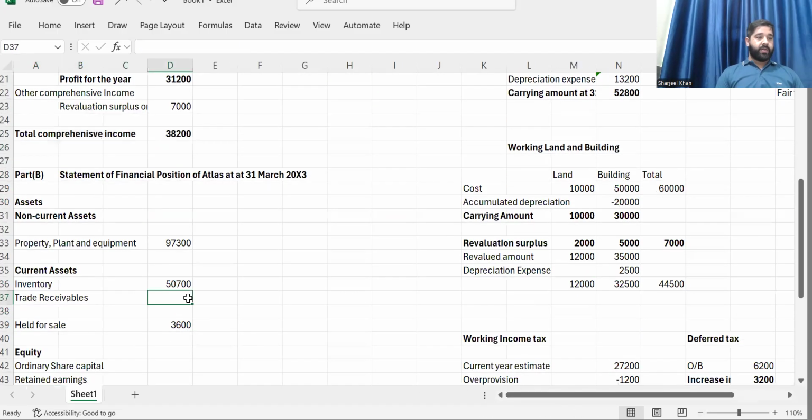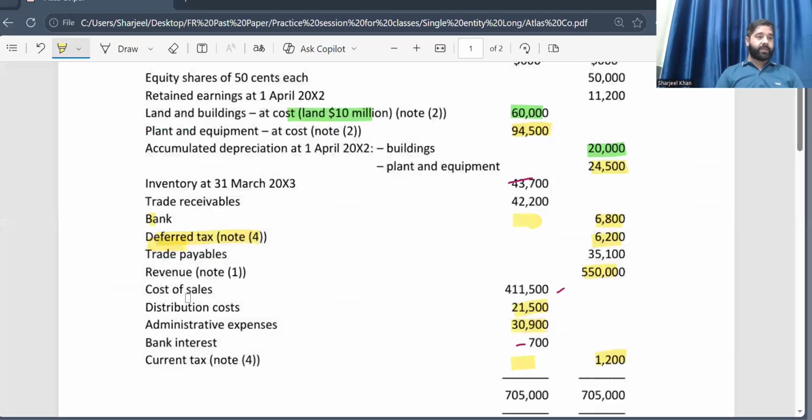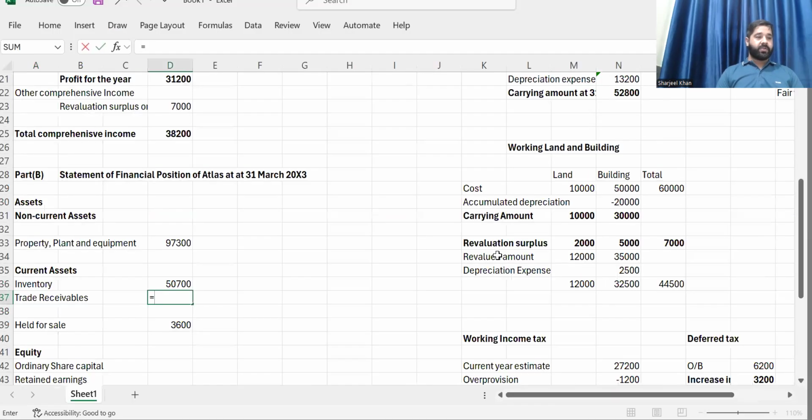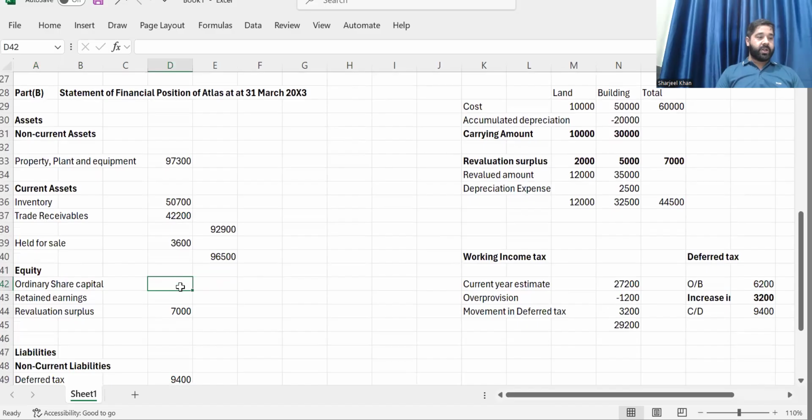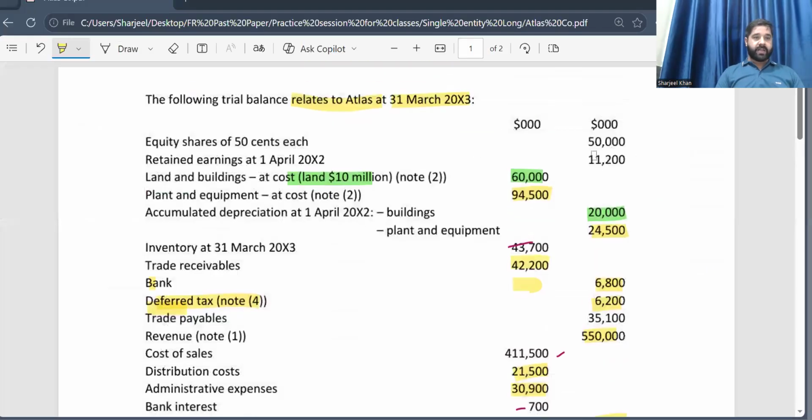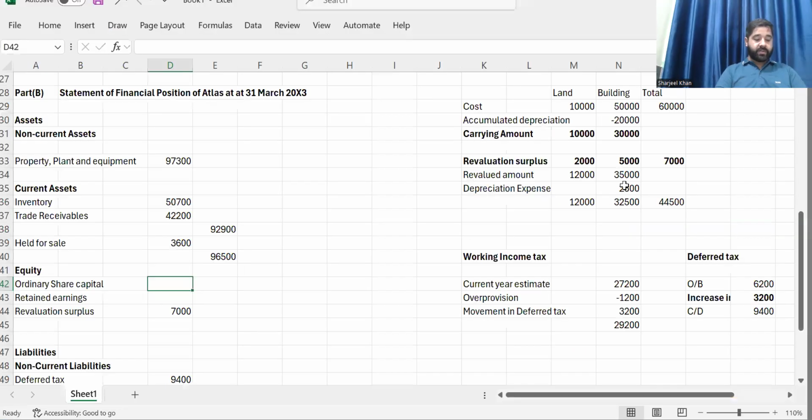Okay. For the trade receivable, no working. So it will be same just like the trial balance, 42,200. Right? So the current asset other than held for sale is this. And if I include the held for sale, then the current asset is this, right? Share capital, no working. So it will be same just like the trial balance, 50,000.